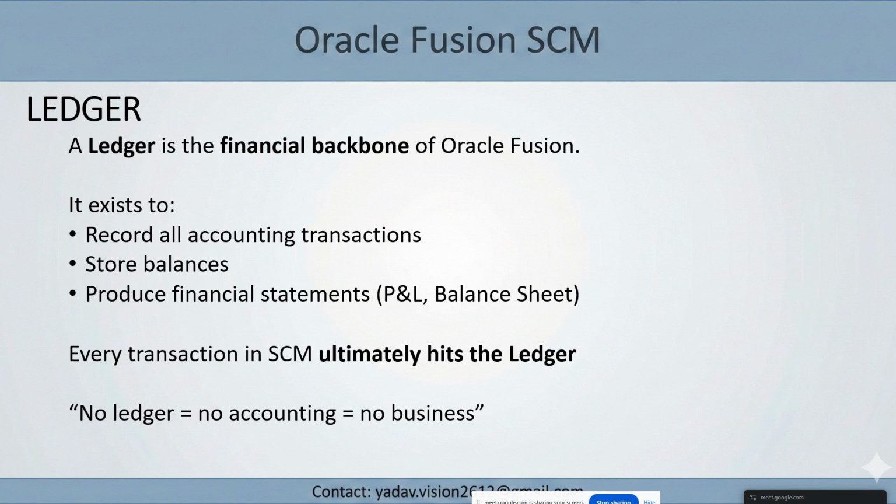There all your financial transactions get accounted. By the end of the month, you will come to know how much revenue got generated. By the end of the year, or maybe every month, you will figure out how much profit you got and how much loss you got, and even at the time of auditing, you are going to submit all these details. Okay. So this is all about the ledger.